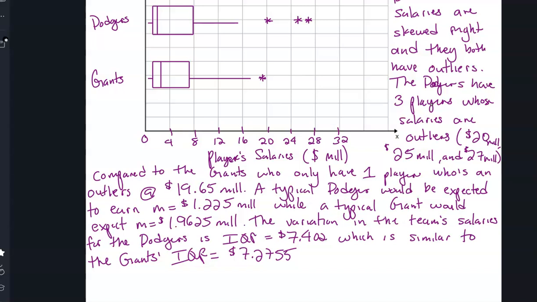I'm going to give the full decimal there. Oh, and these are both millions, like the other ones. Okay, good.